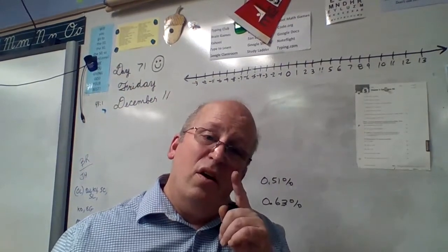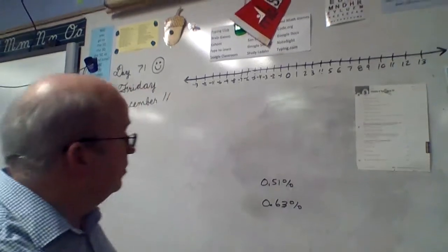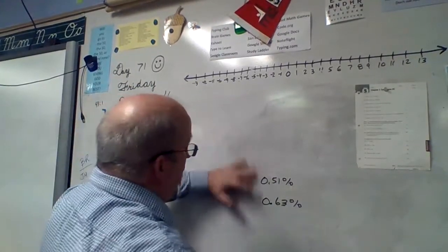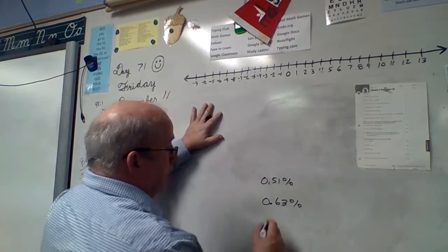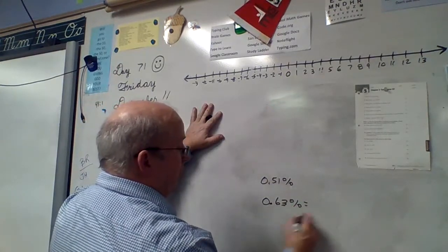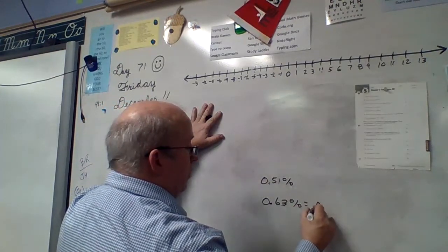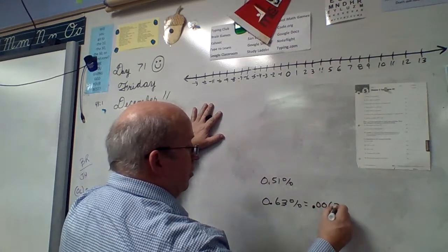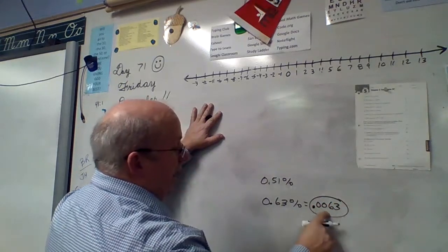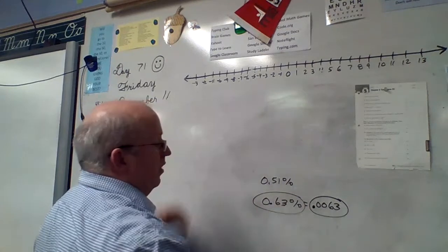But the question is, do I move it to the right or to the left? In this particular case, we're moving it to the left, and so that would give me 0.0063. That is the decimal value of this percent.